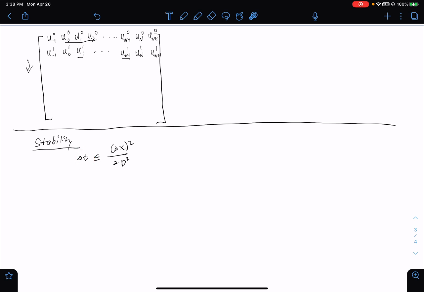This would guarantee that when your step size goes to 0, getting smaller and smaller, the numerical solution will not blow up or become unbounded. So when you have your diffusion constant and choose some kind of step size, you have to take into account some time step value that satisfies this equation.